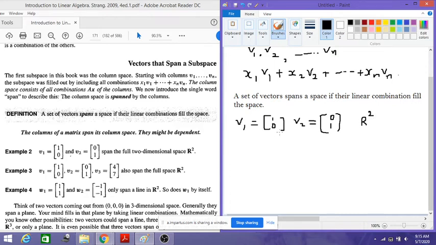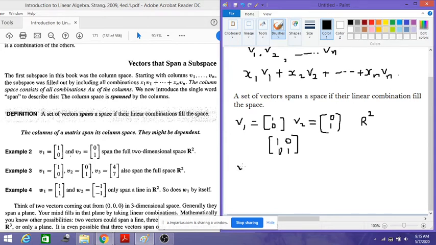In matrix form, 1 0 0 1, it is perfectly an identity matrix, and we have 2 pivots and 2 rows, therefore these are linearly independent vectors, and they fill the entire two-dimensional space.